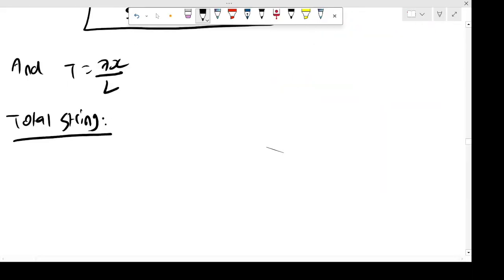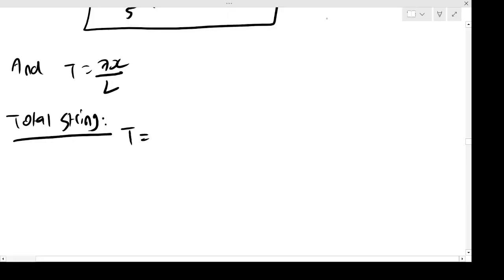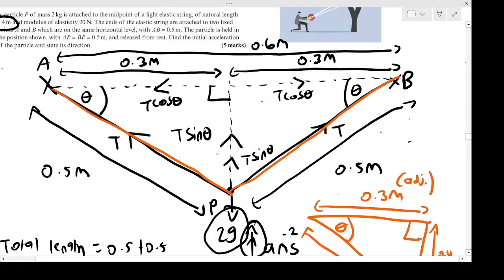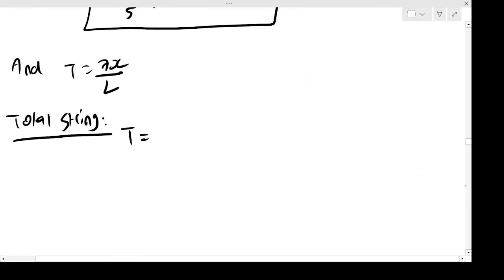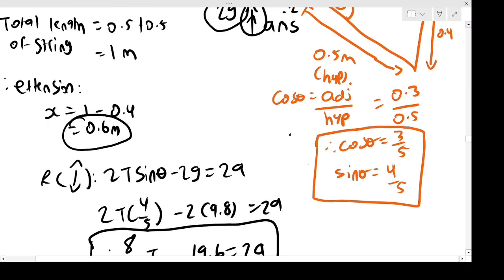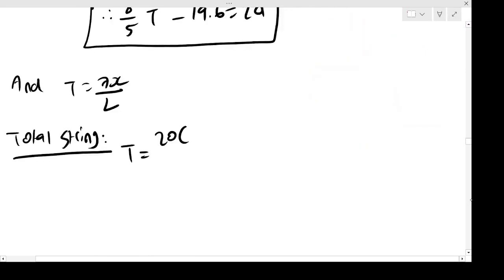So the total string, my T force is going to equal my modulus of elasticity, which is 20, times the extension. Now, the total string, the extension overall is 0.6, okay? Again, if we were to consider just half the string, that would have to be half the extension, right?